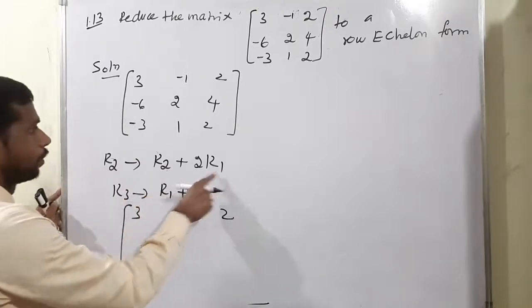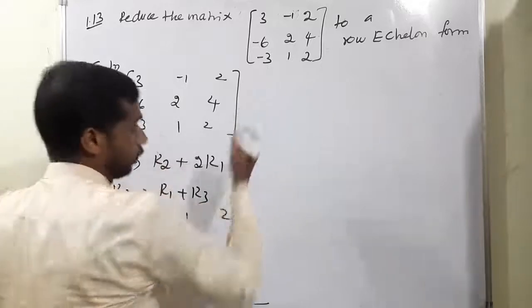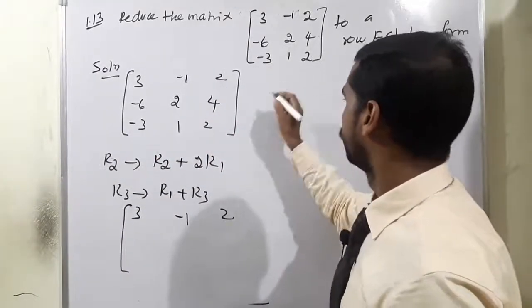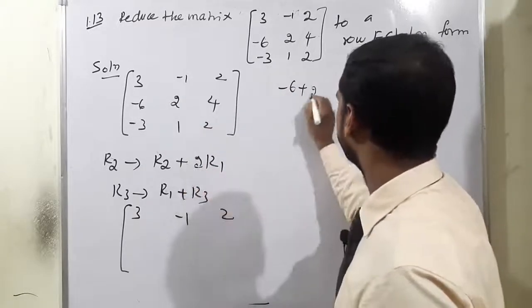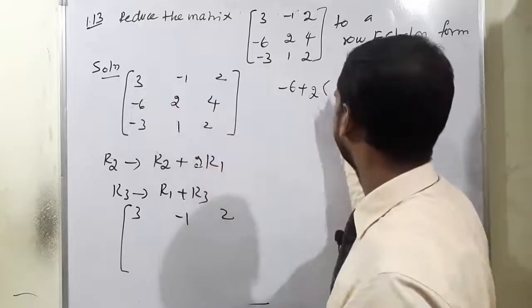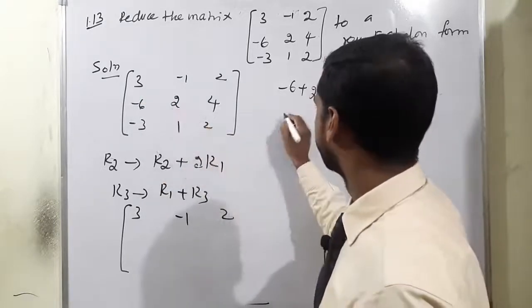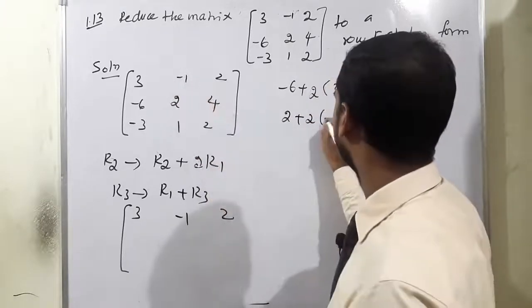Next one, R2 plus 2 into R1. So R2 minus 6, then plus 2 into R1. Already 3 is there. Next, 2 plus 2 into R1, which is minus 1.